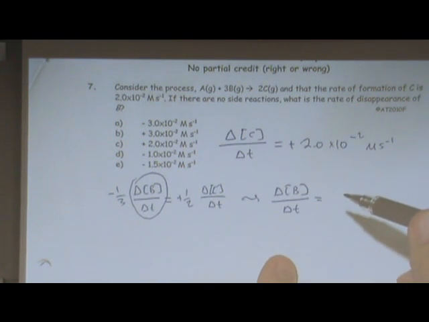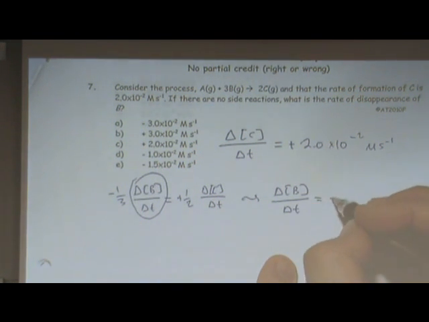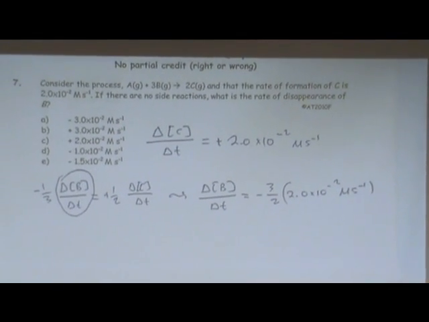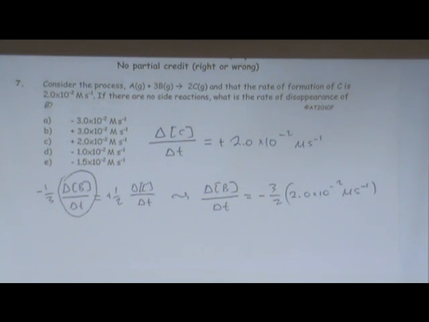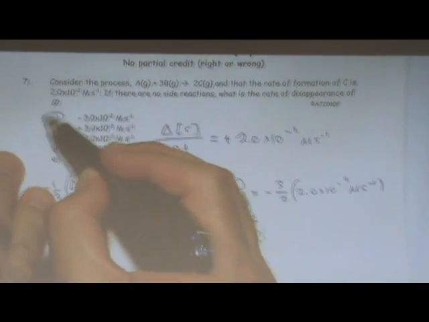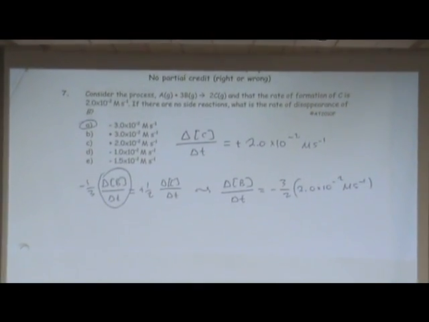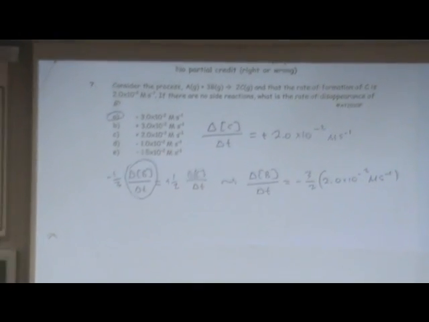That will make it minus 3/2 times the known value. That's it. So the answer is A. You see how easy it is? If you remember the definitions, it's not really hard at all.